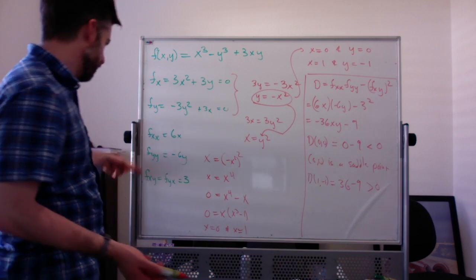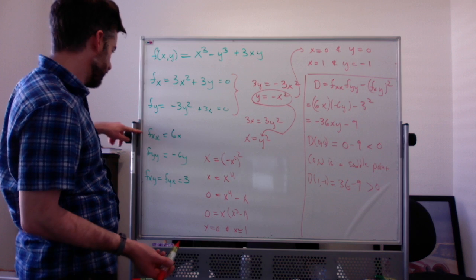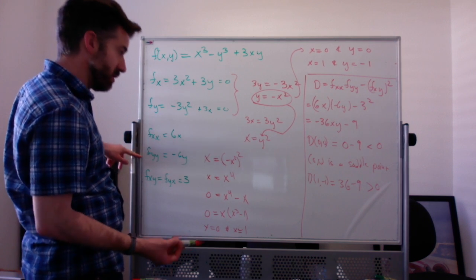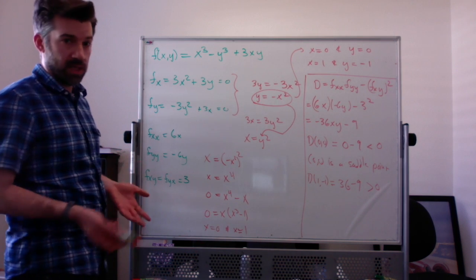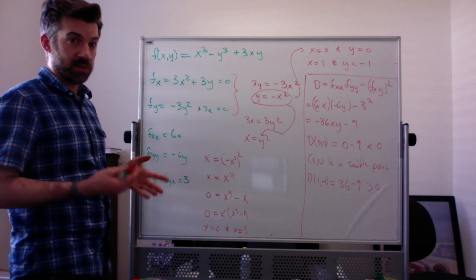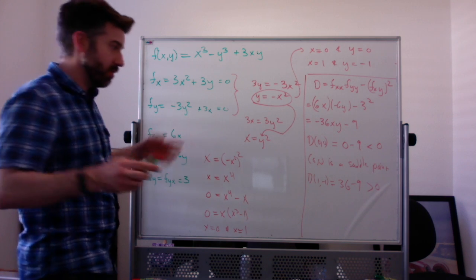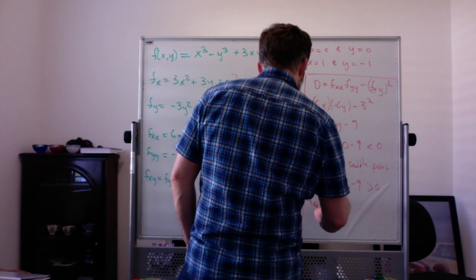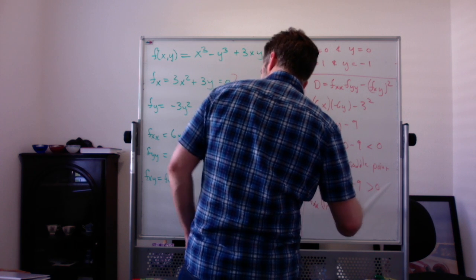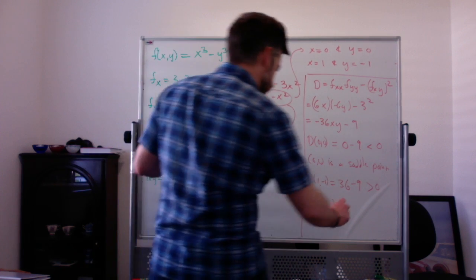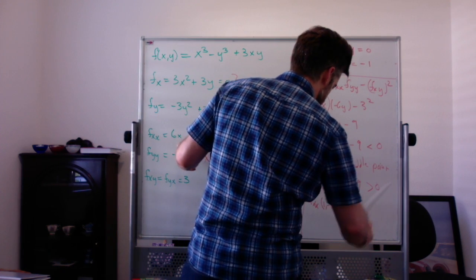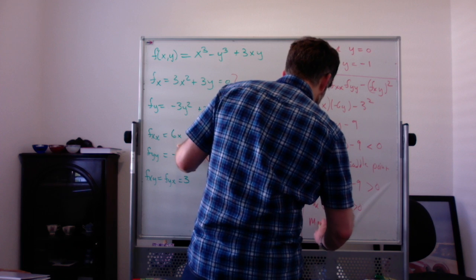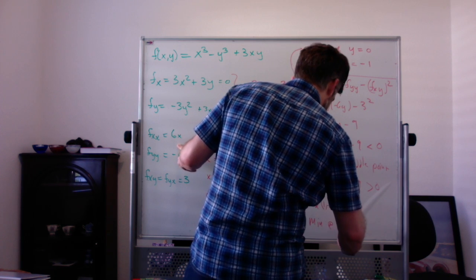We look back at the second partials, and we see that fxx is positive, fyy is also positive, so we end up getting a minimum, right? Because positive second derivative means concave up. So we see fxx at 1, negative 1 is equal to 6 times 1, which is positive, which means we have a minimum at 1, negative 1.